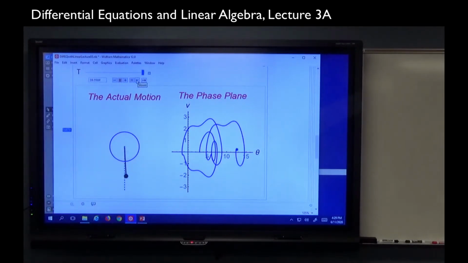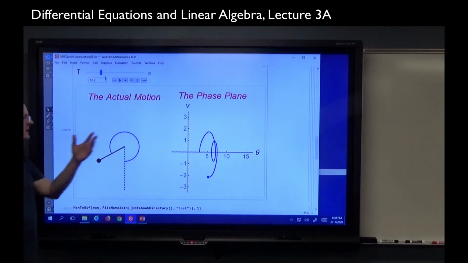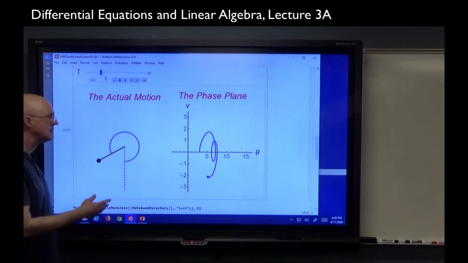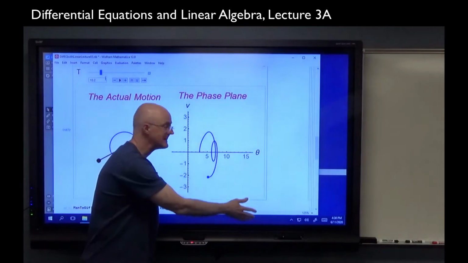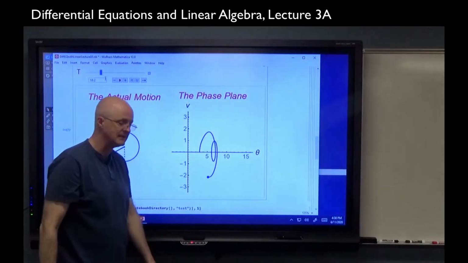If I stop this at any moment in time, say right here. Well, let's go a little bit backwards here. Say right at time equals 10.2. At that moment in time, what is the phase plane telling you about the motion? It's telling you both the angular coordinate, what is that angle, and what's the angular velocity.